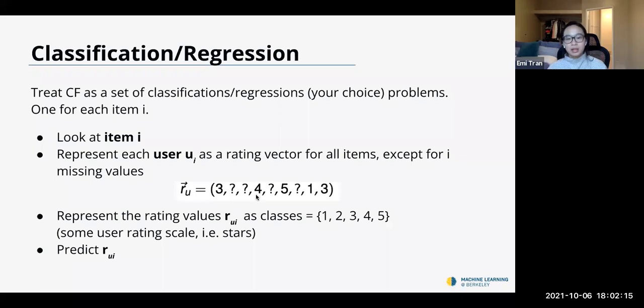You don't know the second and third, and this user U rated just a few, like 5 of them, and the other 4 he or she hasn't rated yet. This is how you represent a user U rating vector, and you're trying to predict the missing part.